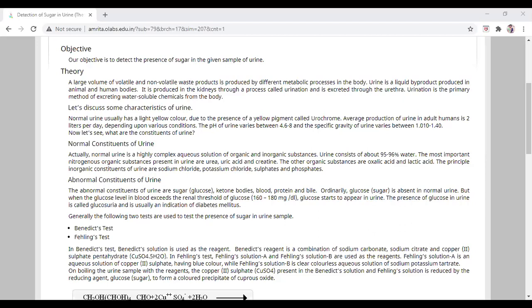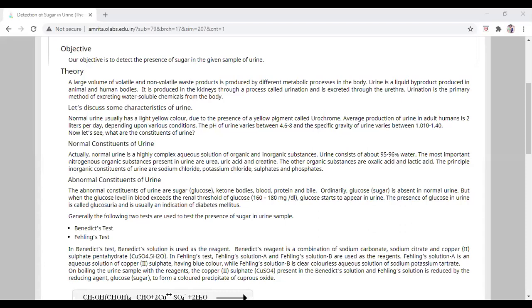Like in the diabetes condition, when a person is suffering from diabetes, glucose is not getting absorbed in the muscles and the liver, so it is released in the urine. Glucose sugar is absent in normal urine, but when the glucose level in blood exceeds the renal threshold of glucose, 160 to 180 milligram per deciliter, glucose starts to appear in urine.